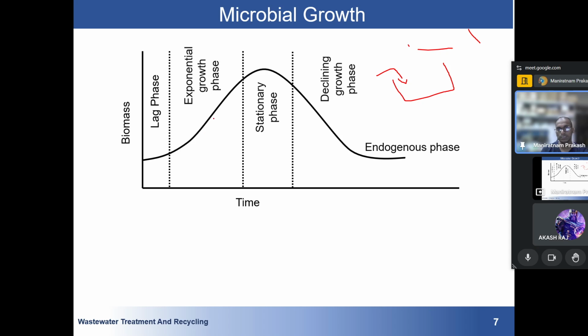Then we have the exponential growth phase. In the exponential growth phase, the microbes have adjusted themselves, so the rate of reproduction will increase.